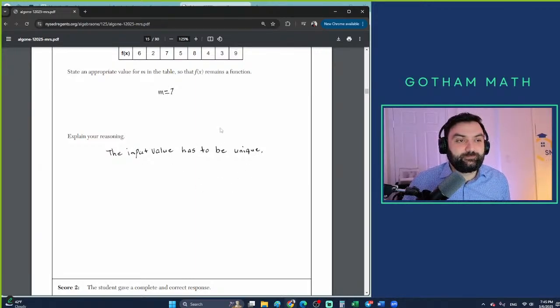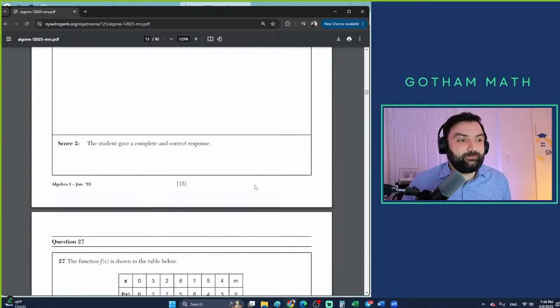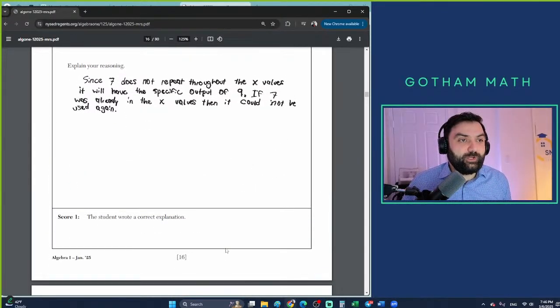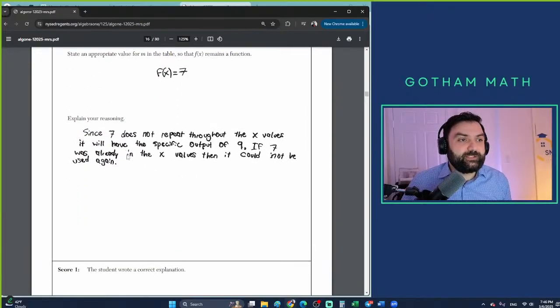The input, which is x, value has to be unique. Unique means not repeated, not one of those. This is score 1, guys. 7, so that was correct. Oh, f of x. No, it's x. It's not f of x. Since 7 does not repeat through the x values, it will have to be a specific output of 9.